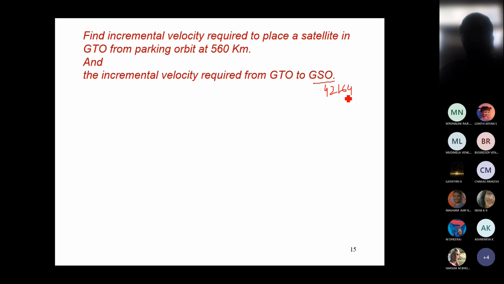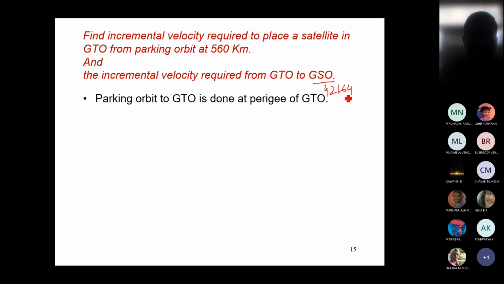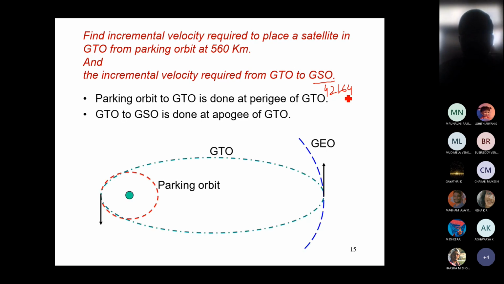Okay, and if you see the picture, first we have to launch the satellite from the surface of the Earth to an orbit, that is a parking orbit. In parking orbit, at this particular location, which is called the perigee, we have to give an additional thrust.